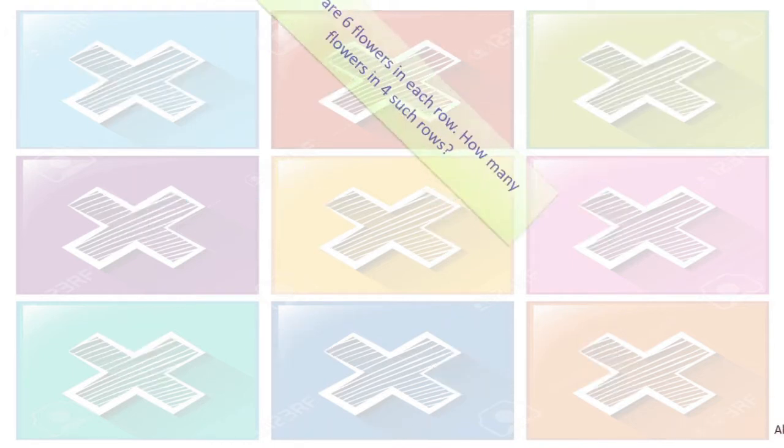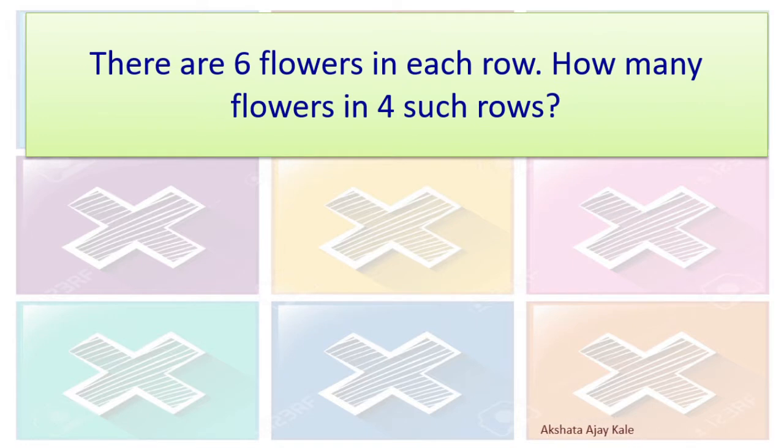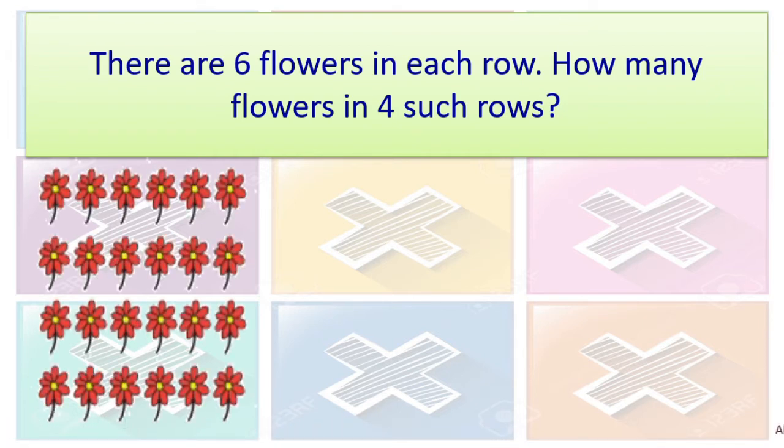See this. One sum is there. We will read this first. There are 6 flowers in each row. How many flowers in 4 such rows? You can see the picture here. What is the meaning of row? Row means this is the first row, second row, third row and fourth row.